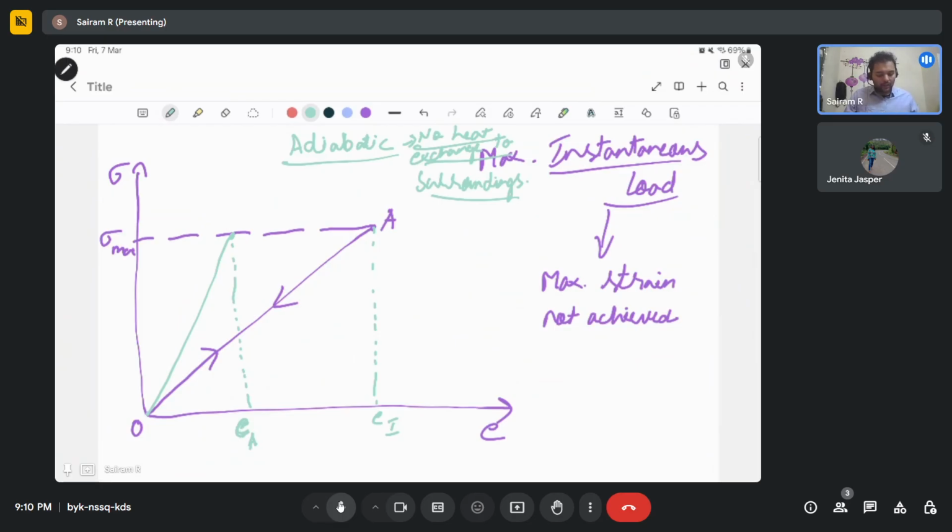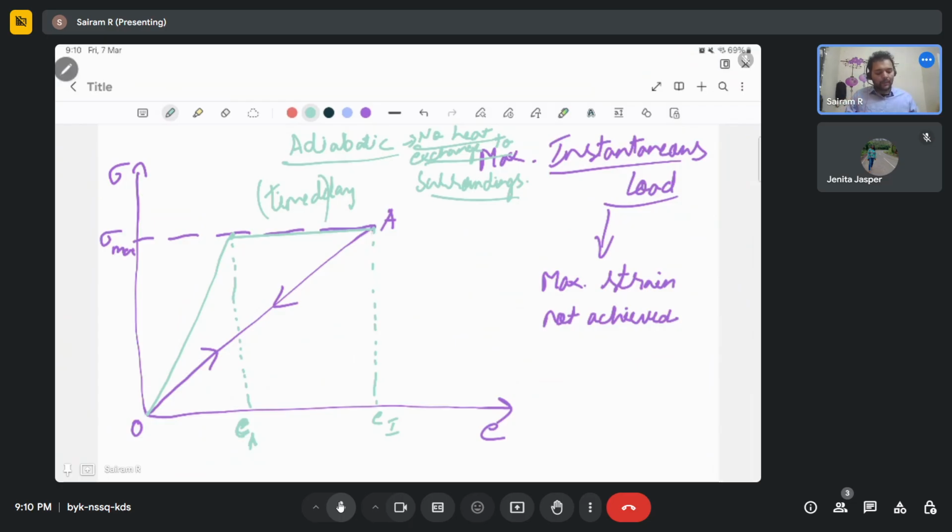However, if I leave my sample exposed to sigma max for some time, it eventually comes up to the point of epsilon I. Let's say there is some time delay. Later we'll understand that this is the concept of relaxation time, or delay time.